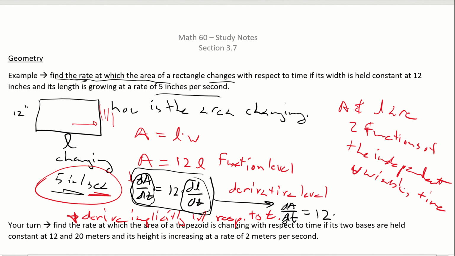And guess what? They gave it to us. It's a 5. So what's the story? 60. 60 what? Is it feet? Oh, it's inches. It's an area, square inches. Is that enough? No. Per what? Look at it, second. That's the answer: 60 square inches per second. That's how fast the area is changing with respect to time, if the length is growing at a rate of 5 inches per second.